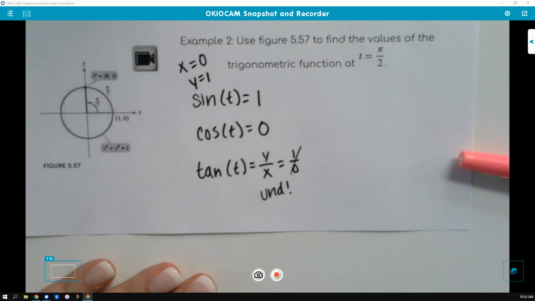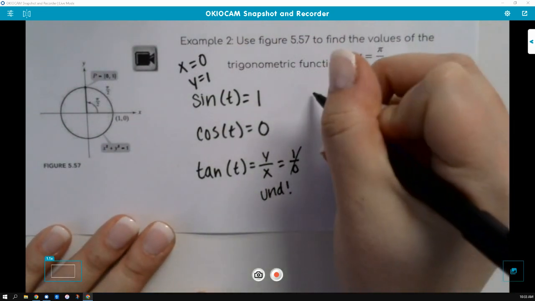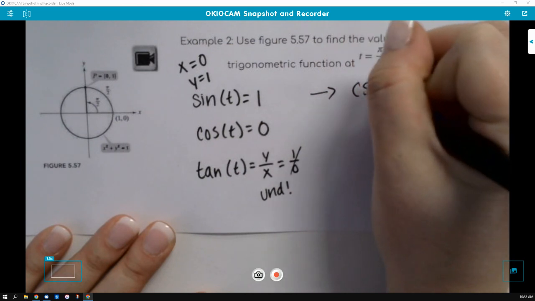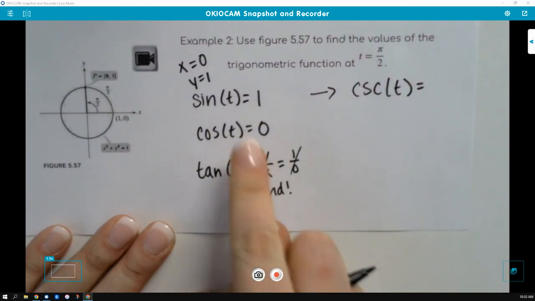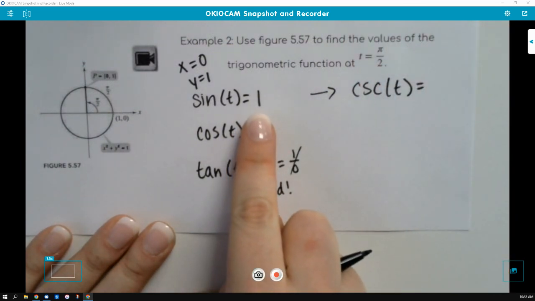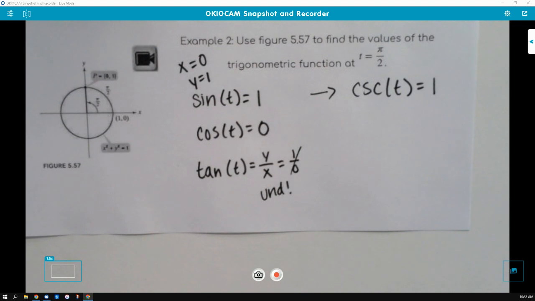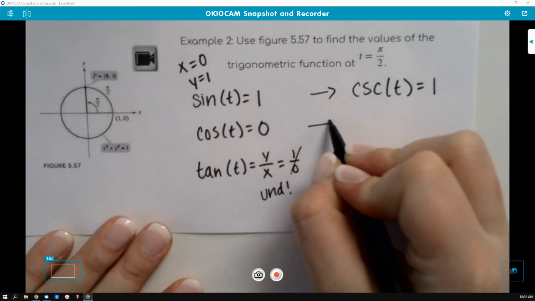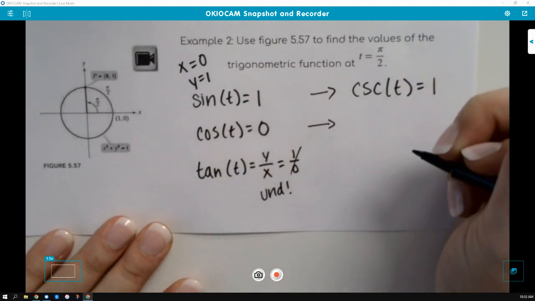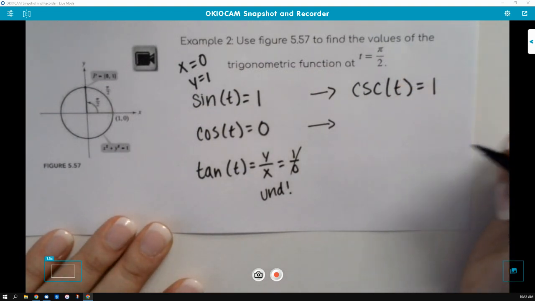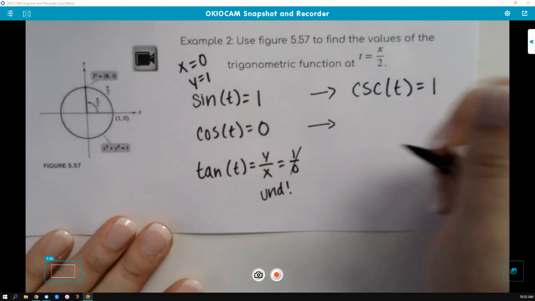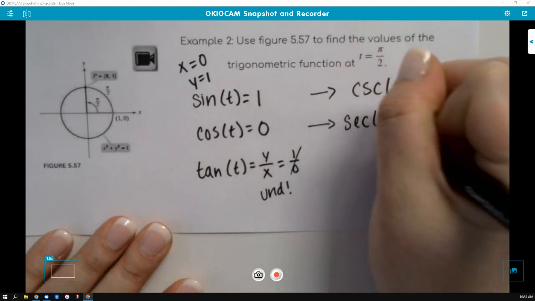Okay. Then we'll do our reciprocals. Reciprocal of sine is cosecant. Cosecant of t, we would take 1. To make it a fraction, we would make it 1 over 1. 1 over 1 flipped is still going to be 1. To flip cosine, it would be secant.